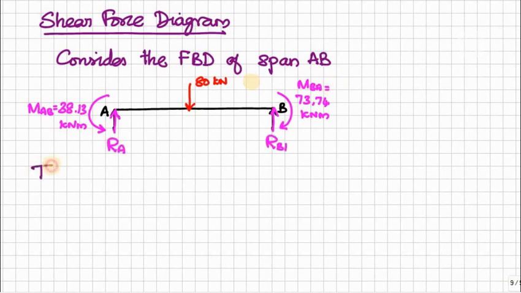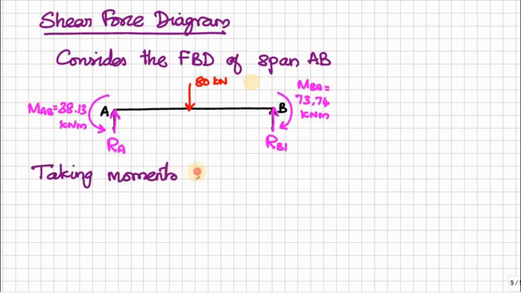So here we consider the reaction at B as RB1, because we will have another part of reaction RB from span BC as RB2. Putting together, RB1 and RB2 will be the resultant or net reaction RB at support B.